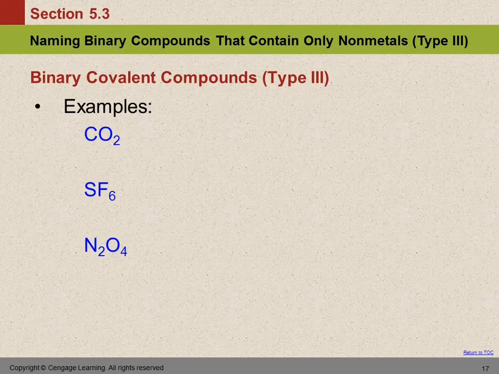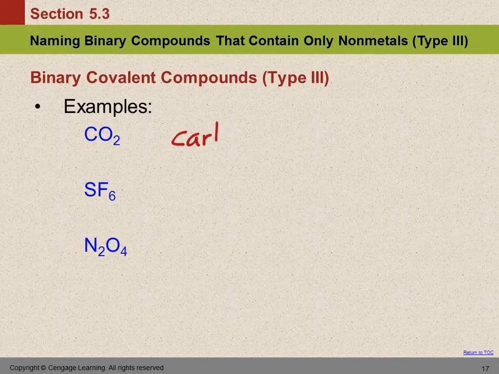You can only use them with these kind. So we're going to use prefixes to tell how many. Now there's only 1 carbon, so we're not going to use mono on that. We're just going to call that carbon. And then there are 2 oxygens. The prefix for 2 is di, so this is carbon di, and we take oxygen and change it to oxide. So this is carbon dioxide.